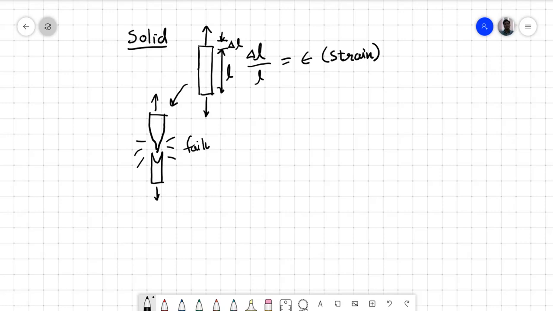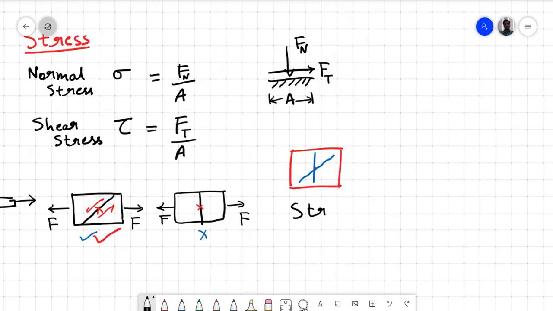For example, in the case of these two blocks glued together, you have some shear stress in the first case, but you don't have any shear stress in this case. Therefore, stress is represented by a tensor, whereas force is a vector.